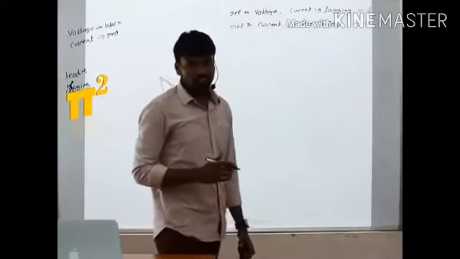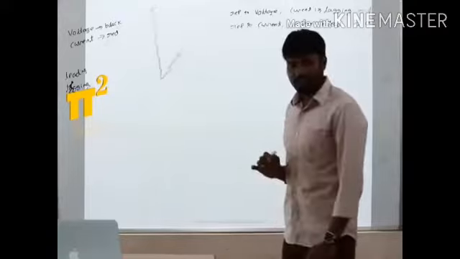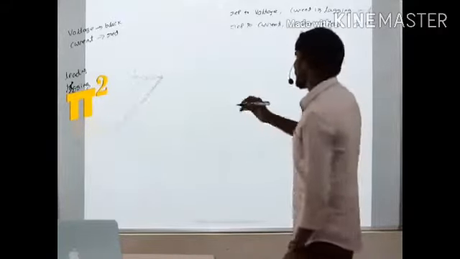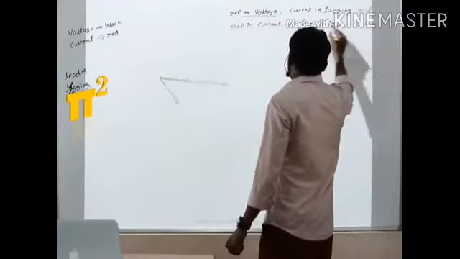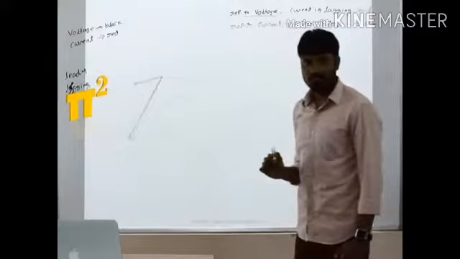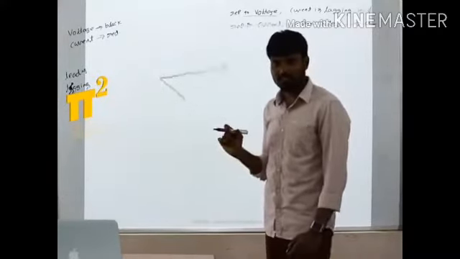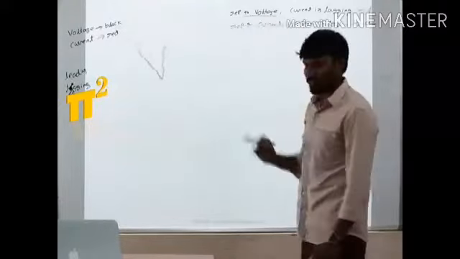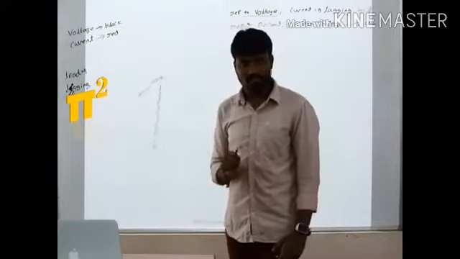Of course, our great scientists made things very simple to avoid this kind of confusion. They always take the reference as voltage. In very rare cases, or maybe no case, they take current as reference, but mostly they take the reference as voltage. So now don't get confused, always take the reference as voltage.